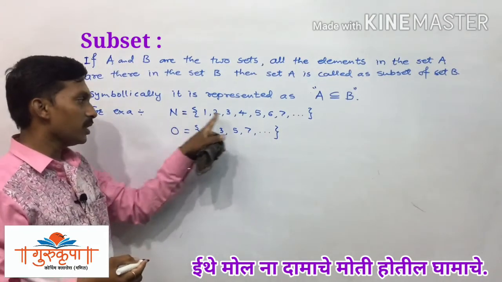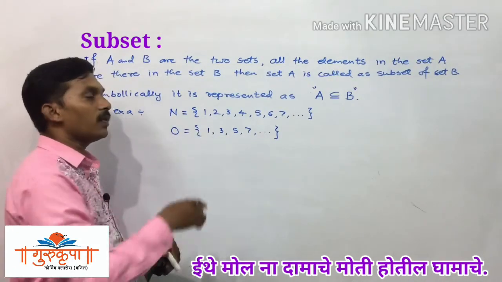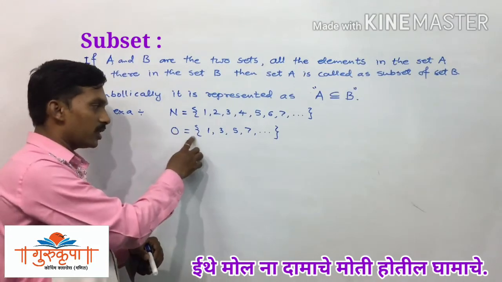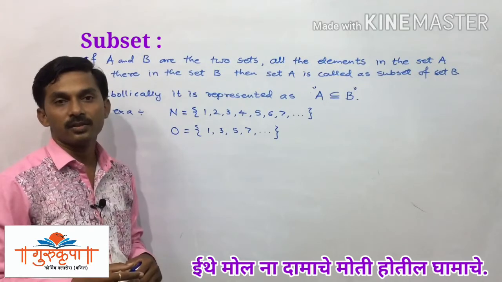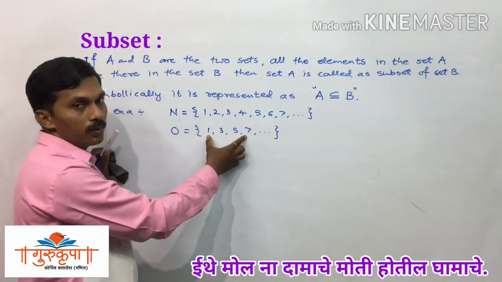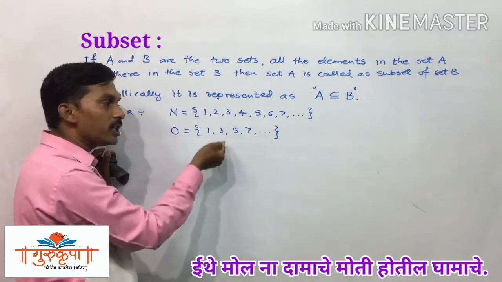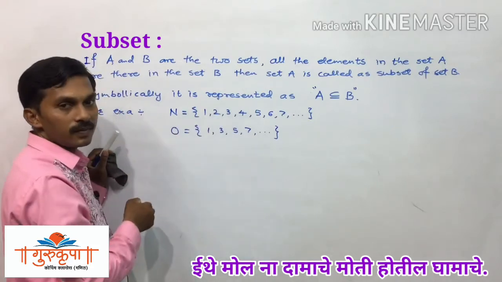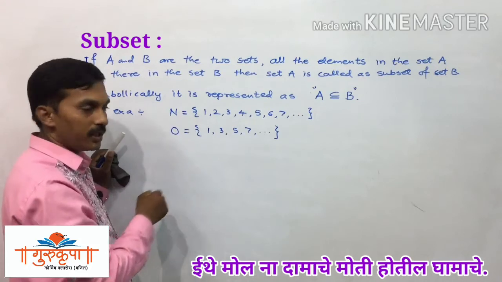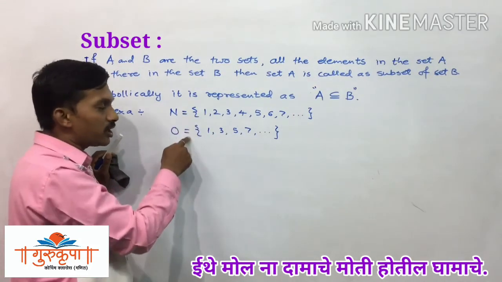See, N is the set of all the natural numbers and O is the set of all the odd natural numbers. Since each and every element of this set O is present in the set N, it means that O is a subset of N, but N is not a subset of O.